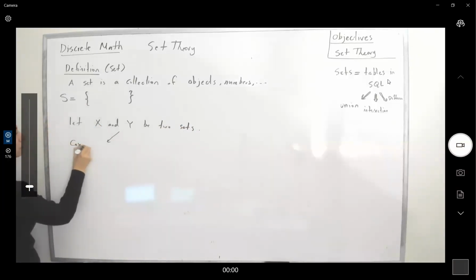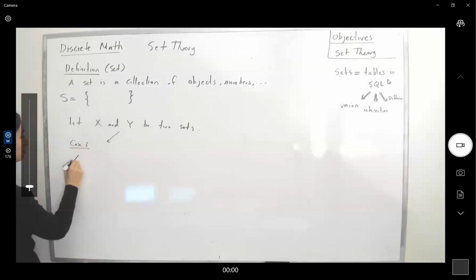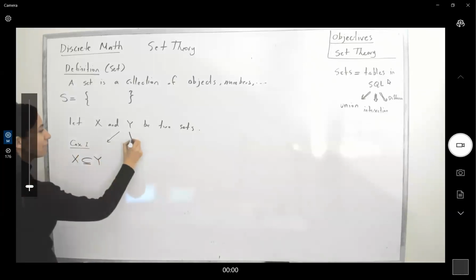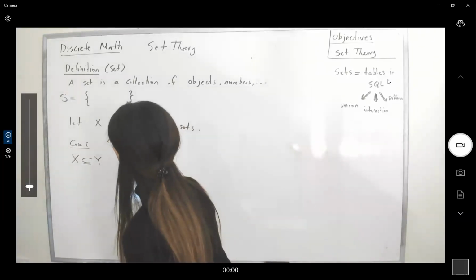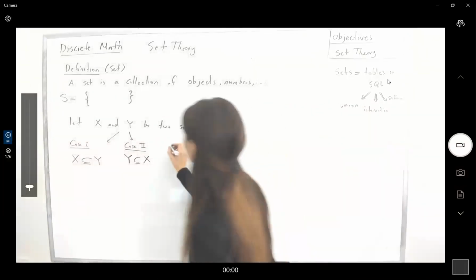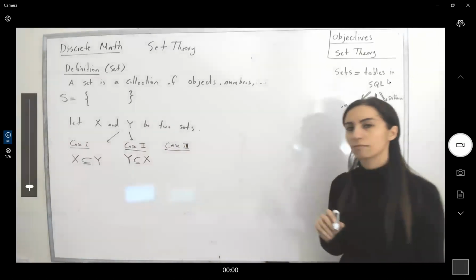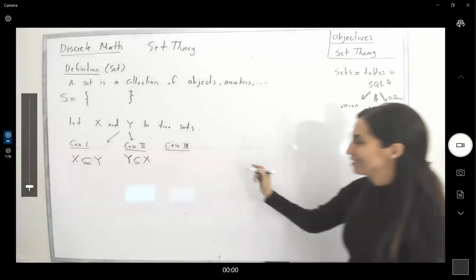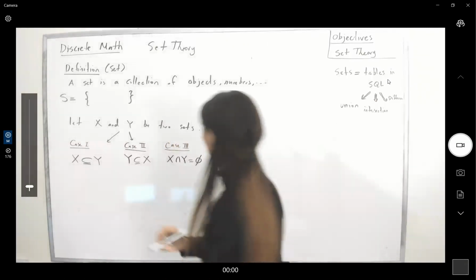The first case, case 1, is that X might be a subset of Y. So X is a subset of Y. The second case, case 2, is that Y might be a subset of X. Well, Y is a subset of X. Case 3, they might have no relation. X intersection with Y might be empty.